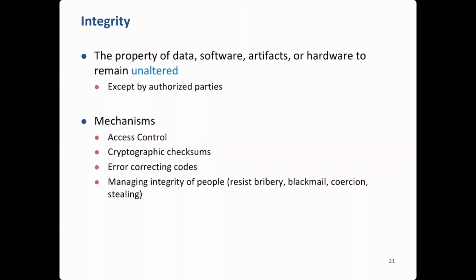Okay, so there are methods like cryptographic checksums, error correcting codes, and managing the integrity of people. For example, in most organizations, I won't say every one, when you join, integrity becomes a very important thing. You have access to the source code the company has created over the last 10-15 years.